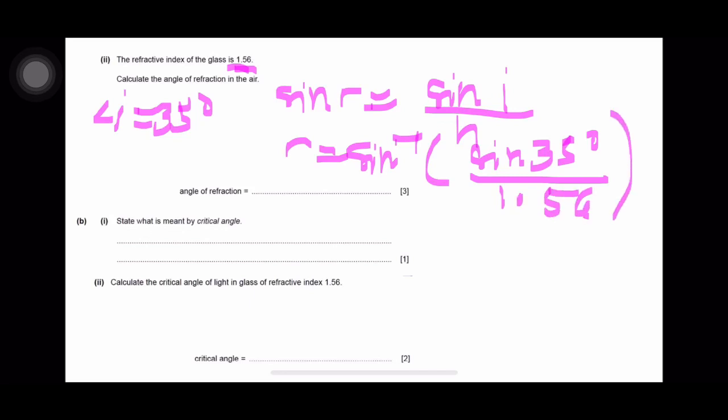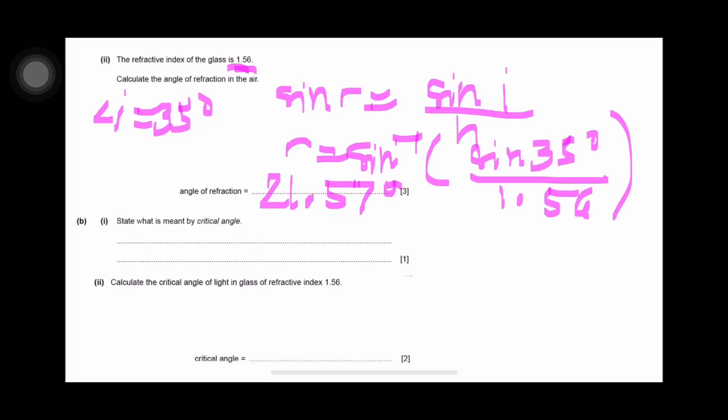So calculate that. We're going to get an angle of refraction which is equal to 21.57 degrees. Okay, if I'm wrong, please correct me. You can just reach me over there.